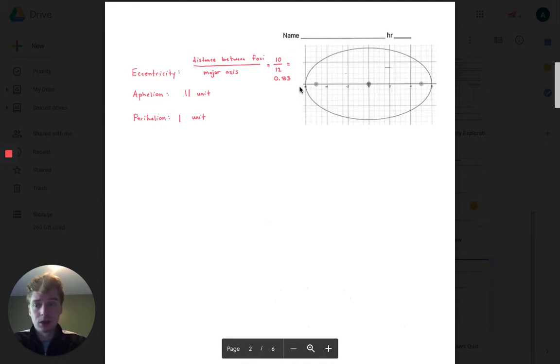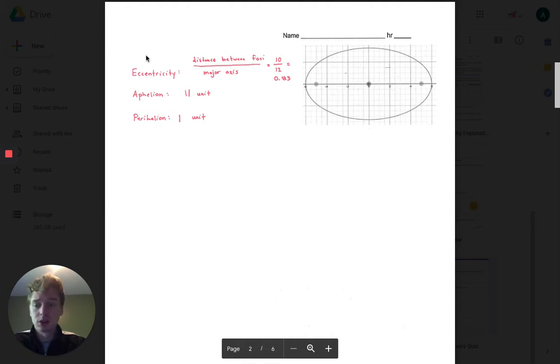So there's only one unit that's that distance of perihelion, where they're the closest. Now, if this is our foci, the sun, all the way to the other side would be our aphelion, and that would be 5 and then 6. So there's 11 boxes between the foci and then the other side. So the aphelion is 11 units.